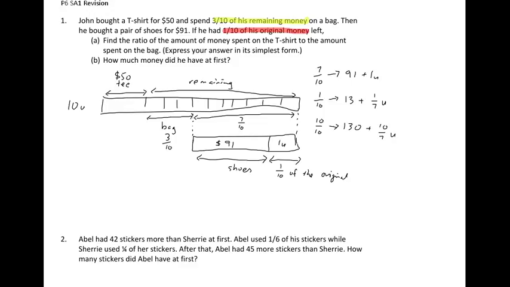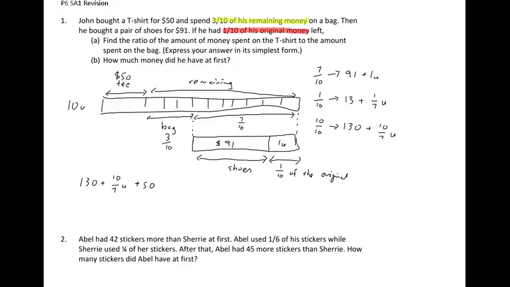Correct or wrong? So far so good? Now, the remainder, which is 130 plus 10 over 7 u, plus $50.